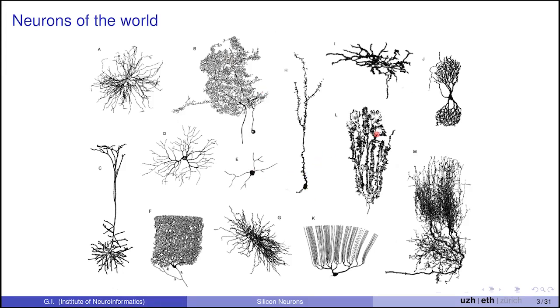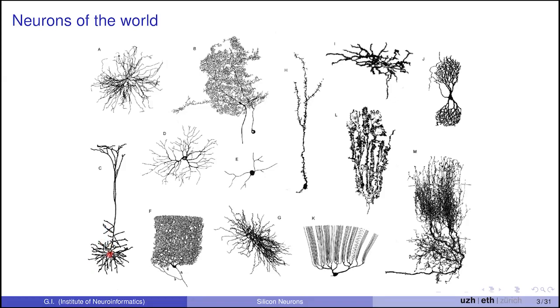So that's the input, and some cells have dendritic trees that are clustered like a daisy in different areas. Like here, you can see there are 2 arborizations that are sort of complementary. Some have uniform spherical-like dendritic arborization. Some have, and these are the ones we have in our visual cortex, local dendritic trees.